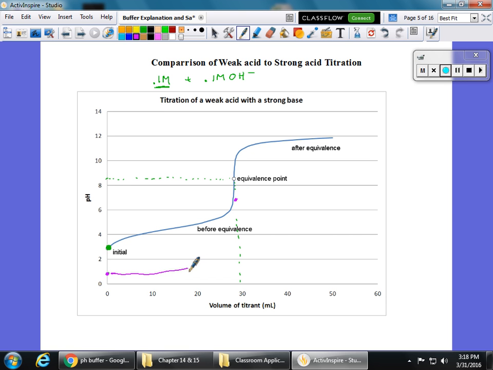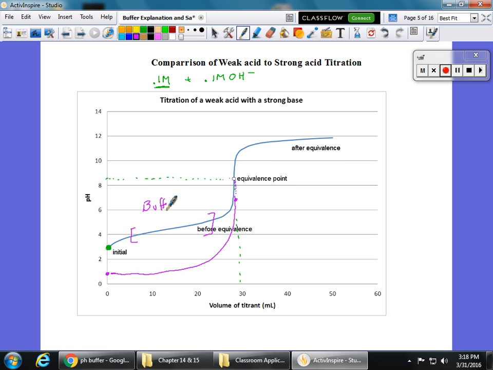It's going to start down here, stay low, low, low, rapidly increase to the equivalence point, and then from that point on it merges and becomes the same as the weak acid one. They're identical after we reach the equivalence point. But we see that there's no buffering region here. For a weak acid, though, we have this buffer region.